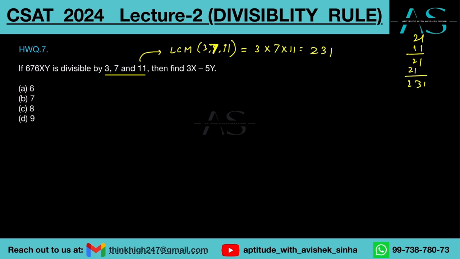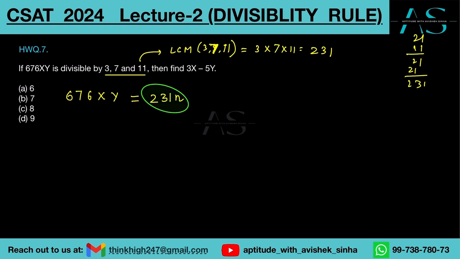Now, please understand. If this number, 676xy, is divisible by 3, 7, 11, we can write divisible by 231. That means it is equal to a multiple of 231. Do you agree? 231n represents a multiple of 231.